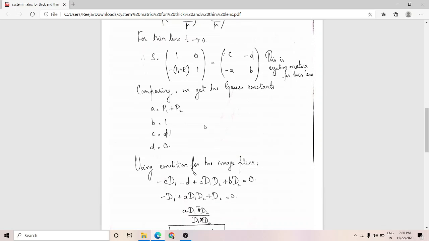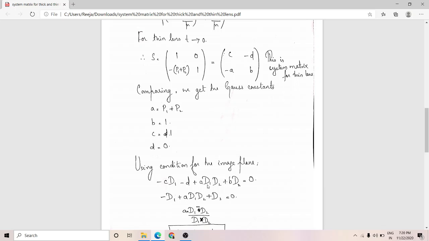Now, what we do here is we write down the system matrix for a thin lens, identify the Gauss constants A, B, C, D here, and use the condition for the image plane, that is minus C D1 minus small d plus A D1 D2 plus B D2 is equal to 0.